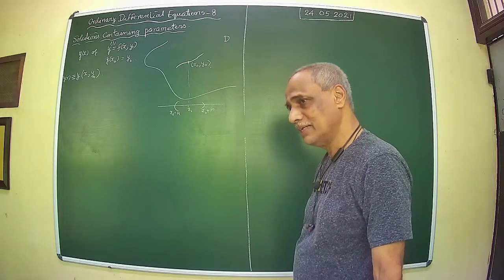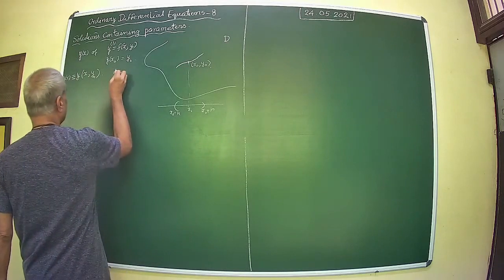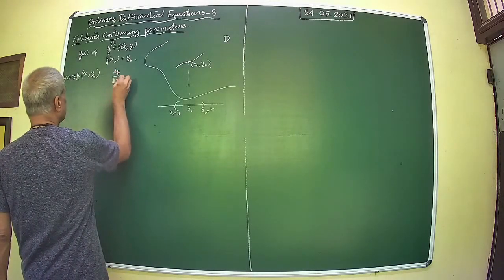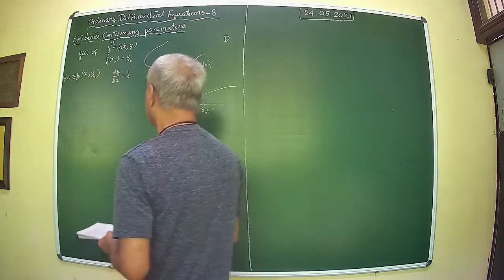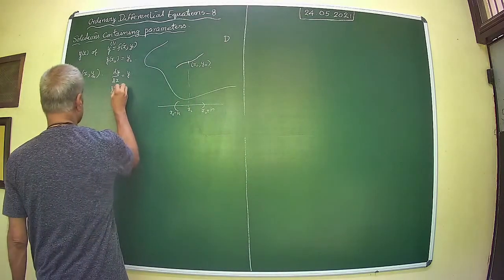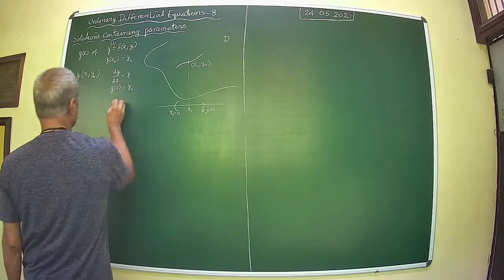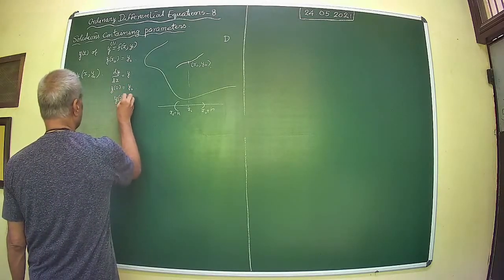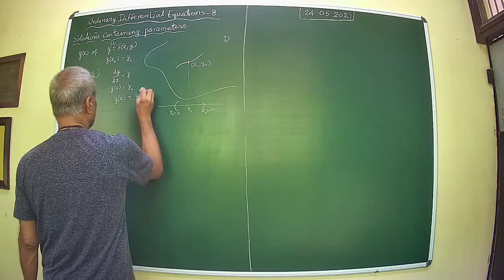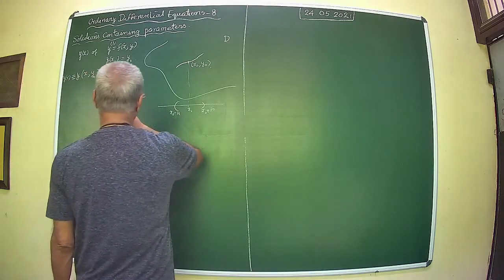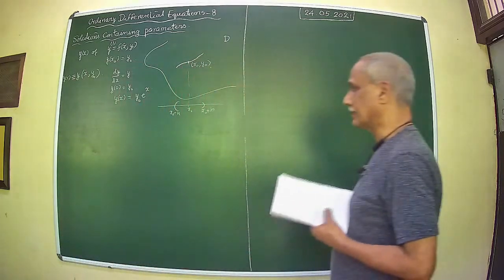Okay, right? For example, if you look at this equation, dy by dx equal to y, with the condition that y(0) equal to y naught, then you know that the solution of this equation is y naught e to the power x.